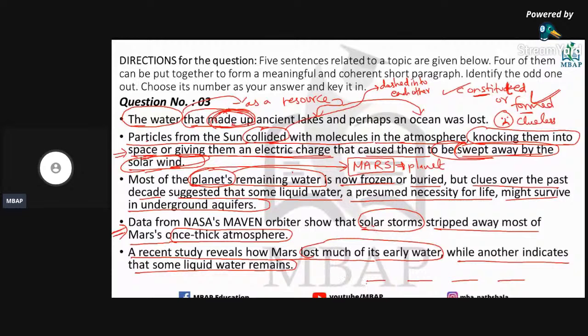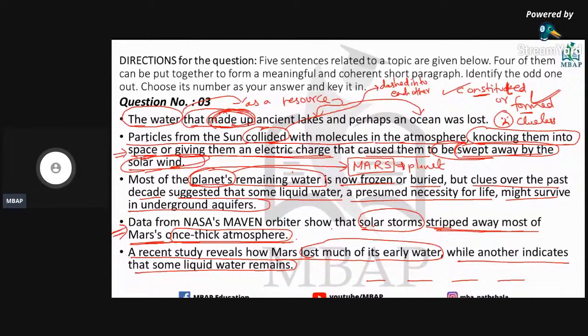Yes or no, guys? It's just a different way of representation. If you read sentence 4, you realize that data from NASA's orbiters show that solar storms stripped away most of Mars' once thick atmosphere.